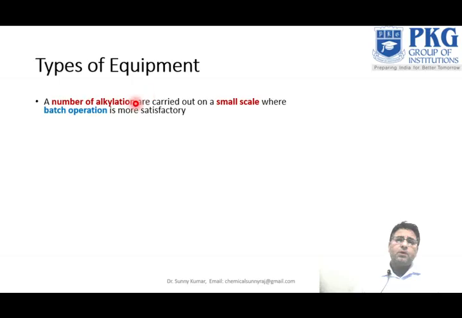And now we will discuss what the different types of equipment are that we generally use during these alkylation reactions. A number of alkylations are carried out on a small scale where batch operation is more satisfactory.